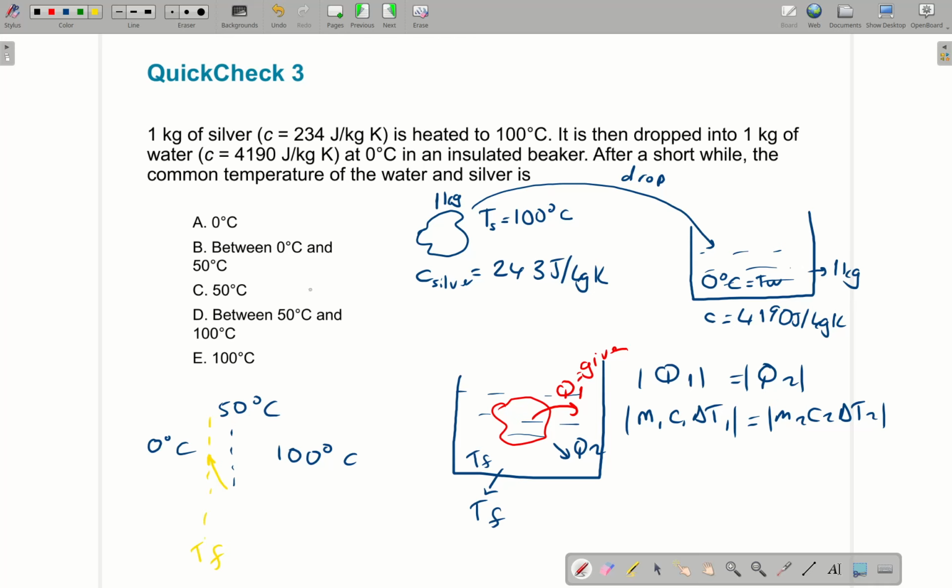So it will be between 0 and 50. It can't be higher than 50. It would be 50 degrees if they had the same heat capacity, just the mid temperature. But c2 is significantly larger for the water. Let's call these water and silver.